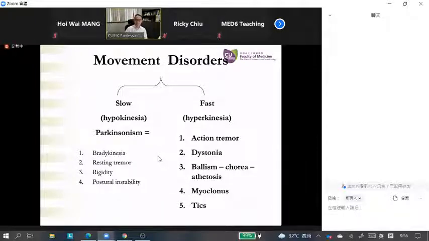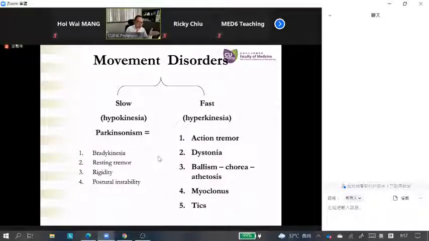The fast include action tremor, which is a fast tremor, dystonia, chorea, athetosis, myoclonus, and tics. Tics is more of a pediatric problem, so I will not mention a lot about tics in this lecture. And the slow, as most of you are aware, we use the word Parkinsonism.